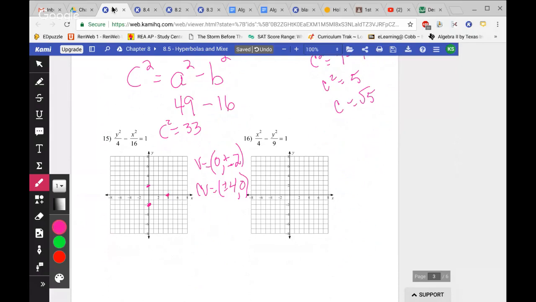That's the first thing I'm going to do. And then I'm going to draw that sweet little rectangle. And then those wonderful little asymptotes that are very hard to graph. They go through the corners of the box and through the center.